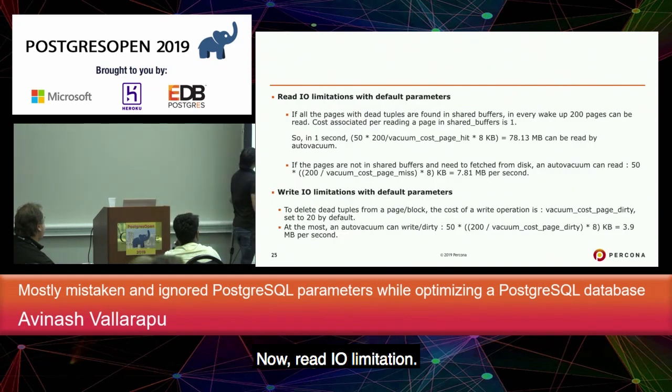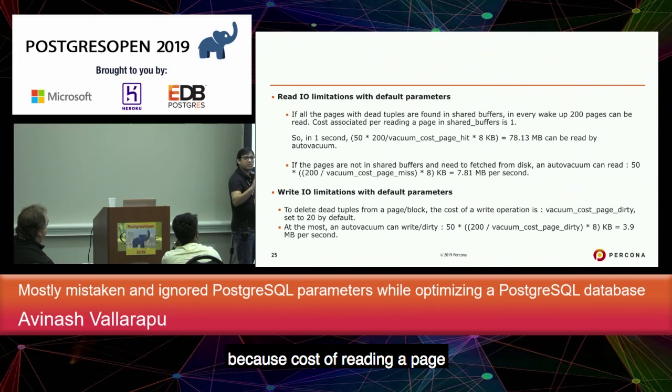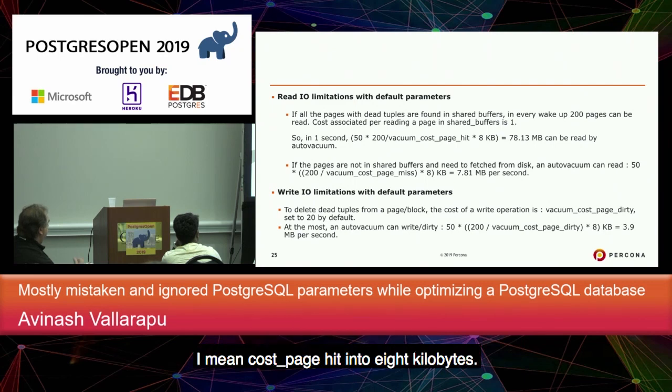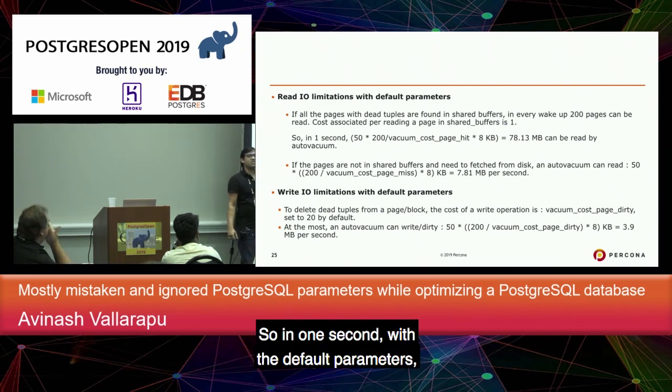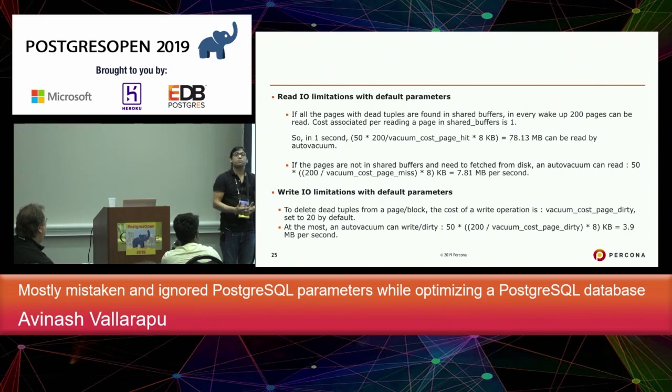Now, read IO limitation. If all the pages with dead tuples are found in shared buffers, in every wake up, 200 pages can be read, because the cost of reading a page from shared buffers is 1, right? So it's nothing but 200 divided by 1. So in 1 second, 50 times 200 divided by vacuum cost page hit, times 8 kilobytes, gives 78.13 megabytes that can be read by all the AutoVacuum processes based on the default settings.